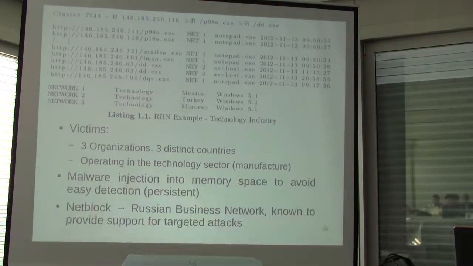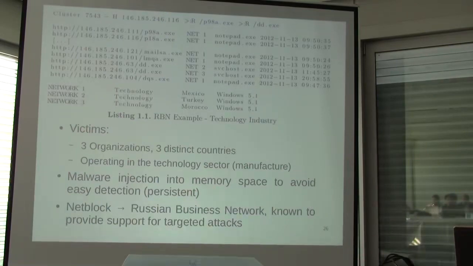And the 3 organizations are manufacturing fabric, so they are classified as a technology sector, and they were infected by malware that was injected into the memory space of standard Windows programs such as Notepad or svchost. This is a classic technique to keep persistence on the machine, to avoid easy detection, and is often used when you want to keep persistency there.